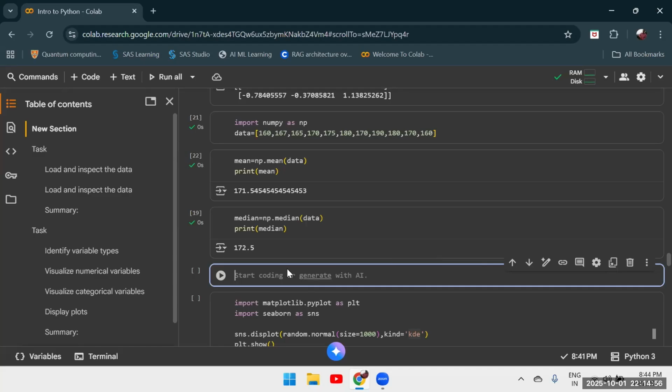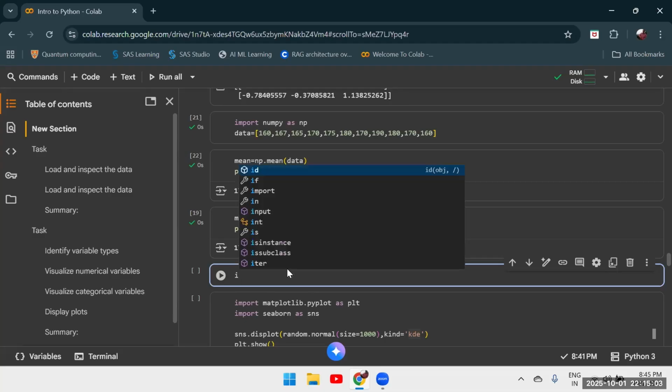See, mode is not directly available in NumPy. So we are going to import a new library called SciPy.